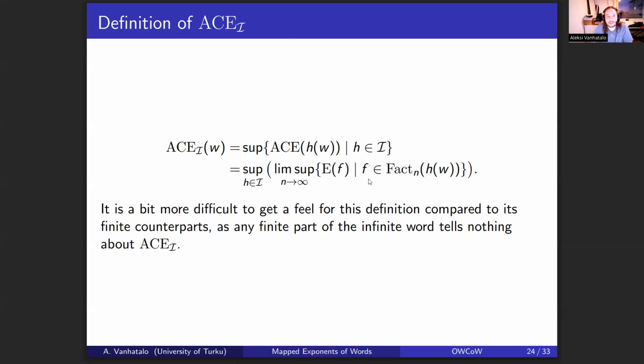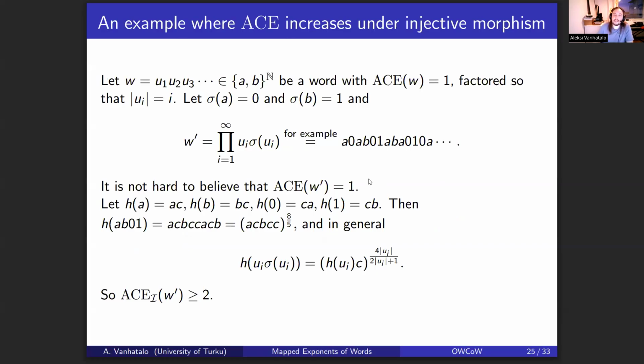And as is often the case with infinite words, it's a bit difficult to give good examples of this situation, in the sense that, at least for the asymptotic properties, we cannot look at any finite part to get a feeling of how the asymptotics work.